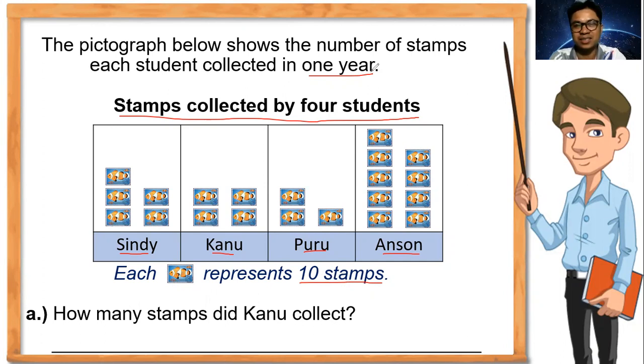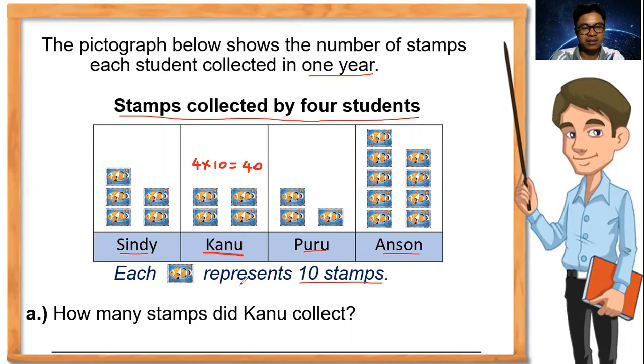Let's try to answer the question. How many stamps did Kano collect? You go to Kano and count how many: 1, 2, 3, 4. So 4 times 10, because each picture represents 10, equals 40.